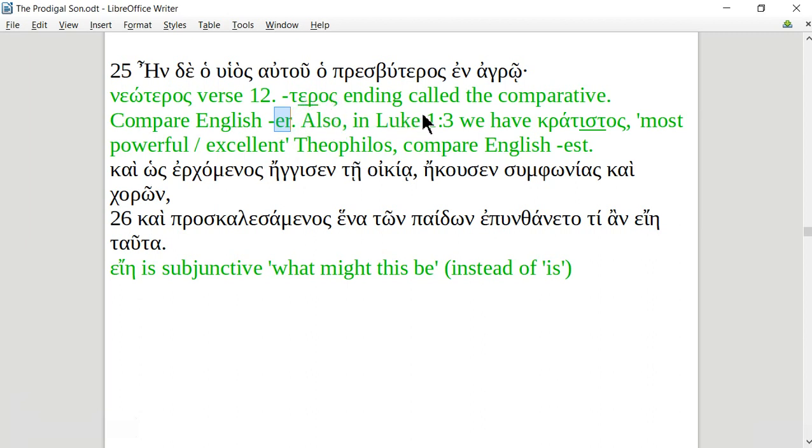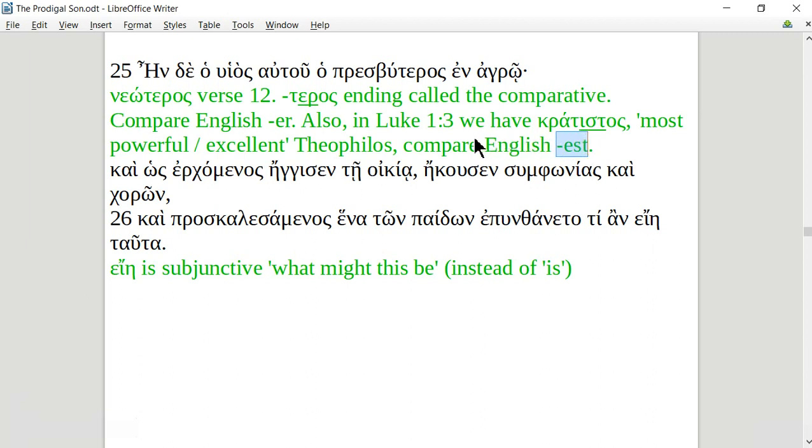Also, just out of interest, in Luke 1:3 we have kratistos, most powerful. And this is related to the English ending est, the best, the strongest, the fattest, the tallest.